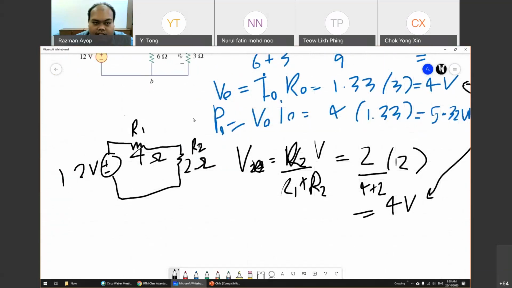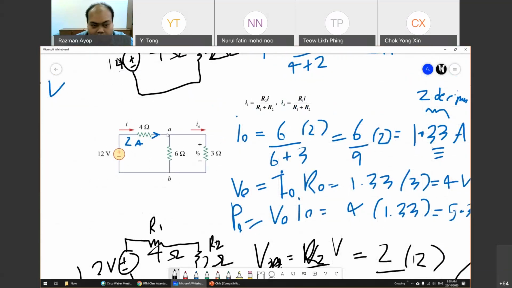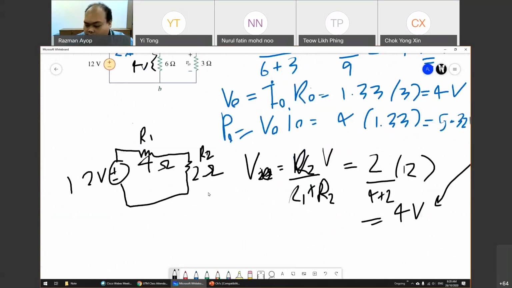After you get the voltage here, you know the voltage across here is 4 volt. Then you can just use Ohm's law here: 4 volt divided by 3, you get 1.33 ampere.